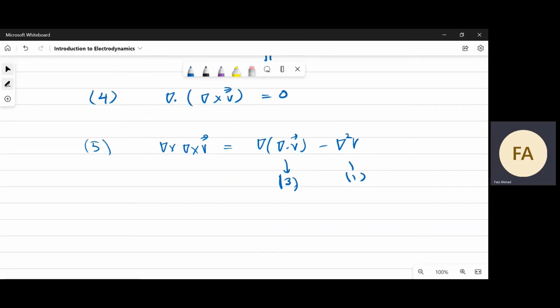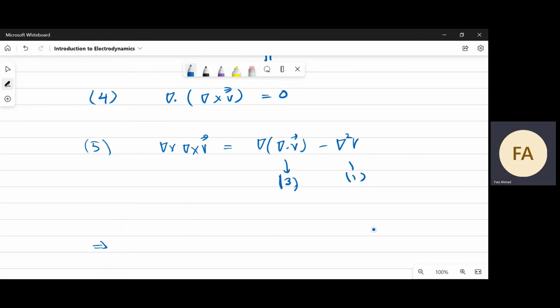So for the second derivative, we only have two important quantities. That is the gradient of a divergence, which is here, and the Laplacian.